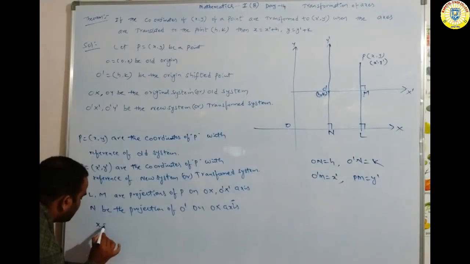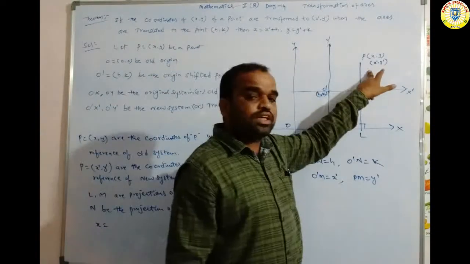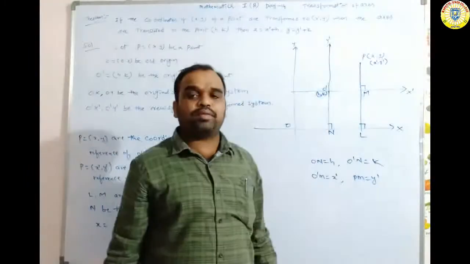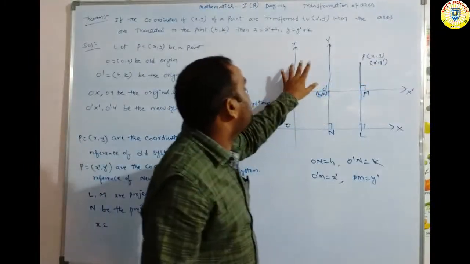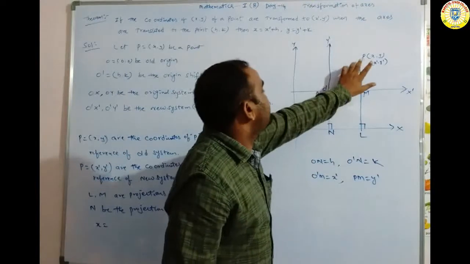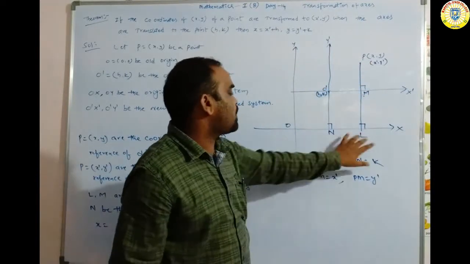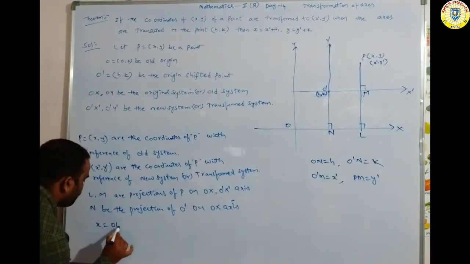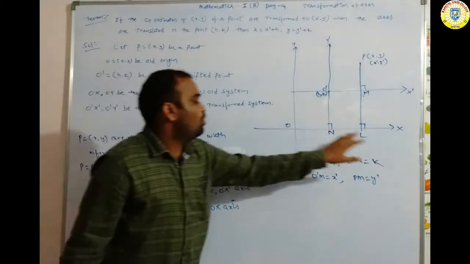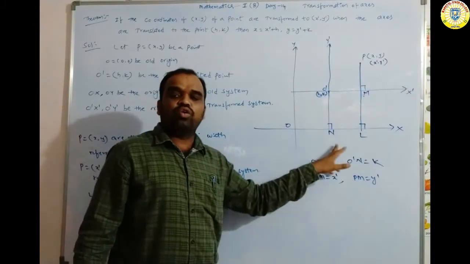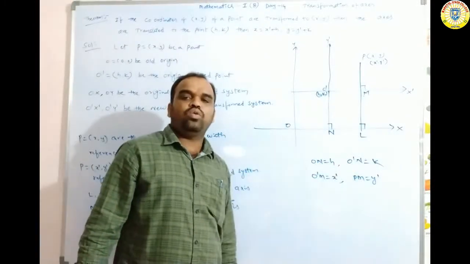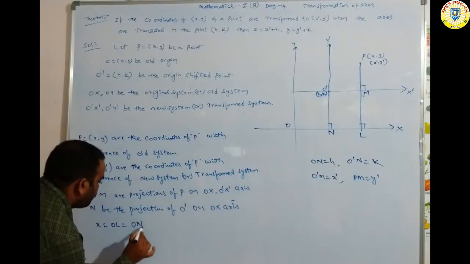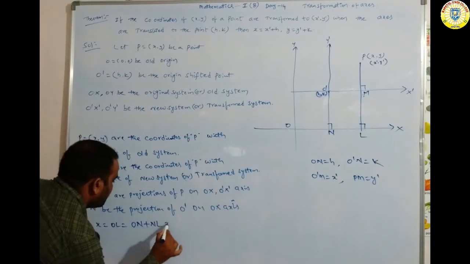Here x is the old coordinate. The x coordinate denotes the perpendicular distance from the point P to the Y axis, which is OL. So x is equal to OL. OL is equal to ON plus NL.